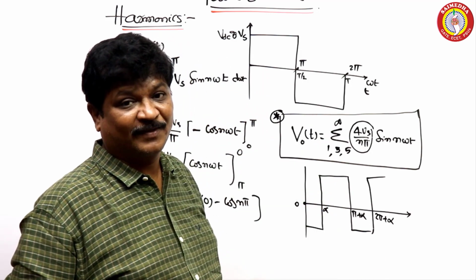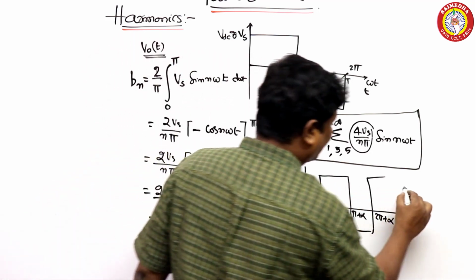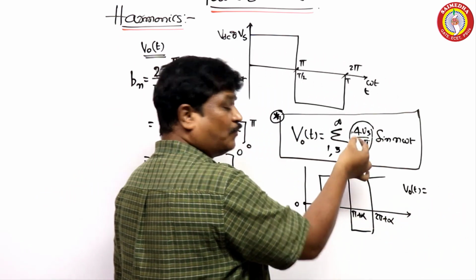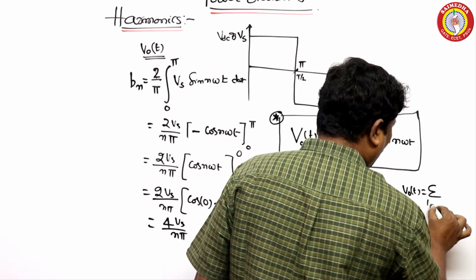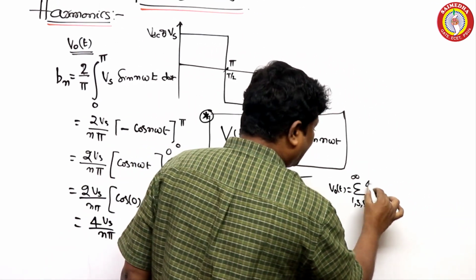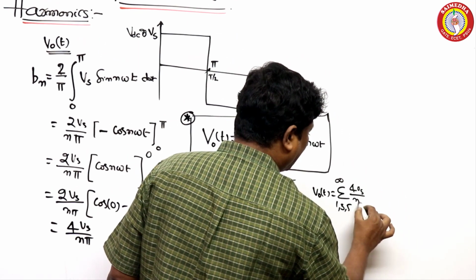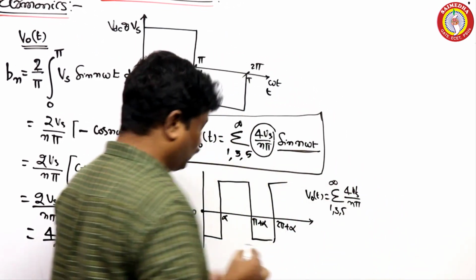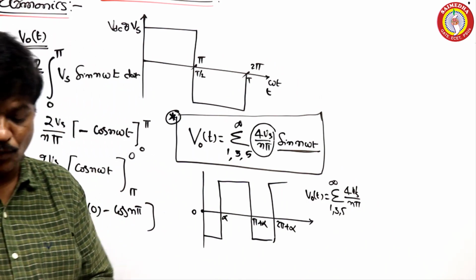The difference is, V naught of t is equal to the same thing you can write: sigma 1, 3, 5 up to infinity, 4 Vs by n pi. Sir, here you see sin n omega t.